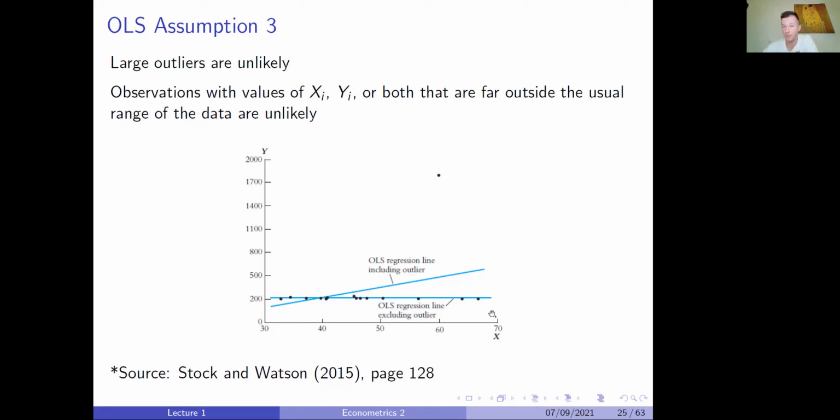But if we use this observation, which is the outlier, then the OLS regression line would be shifted, and you see that it is not able to predict with the high degree of precision these values. So in this case, if you have an outlier, you just need to throw this away and work with the data that belongs to some reasonable range.